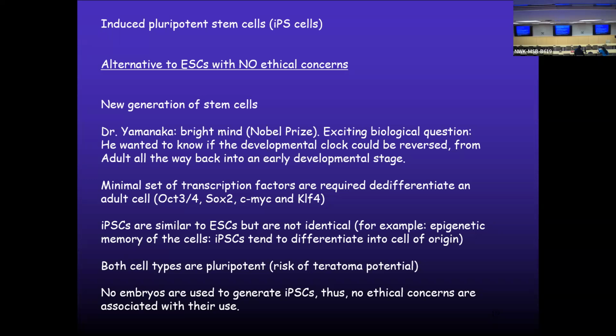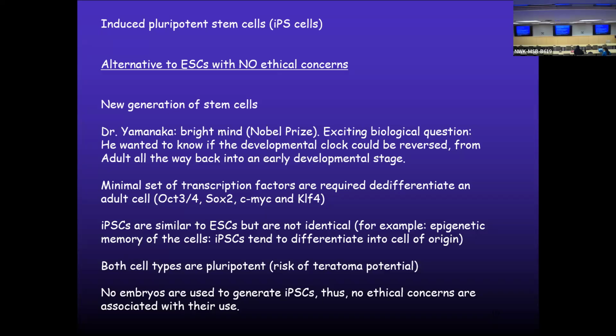But which could be those factors? So that's the main question. He started off with 20 factors altogether, and he got 2% conversion. He was excited, but 2% is not enough. So he started removing one by one out of the 20 or 14, I don't remember.